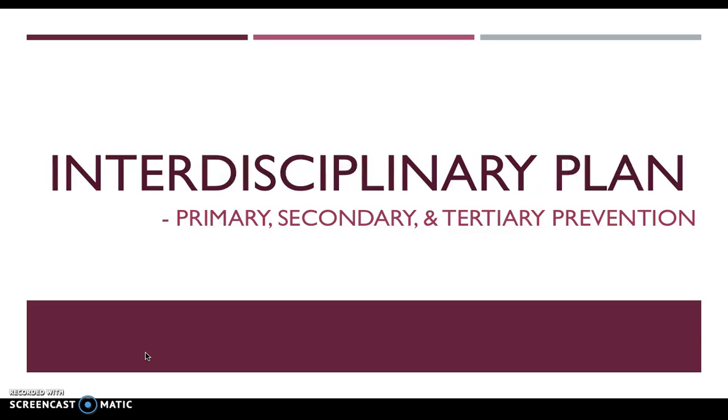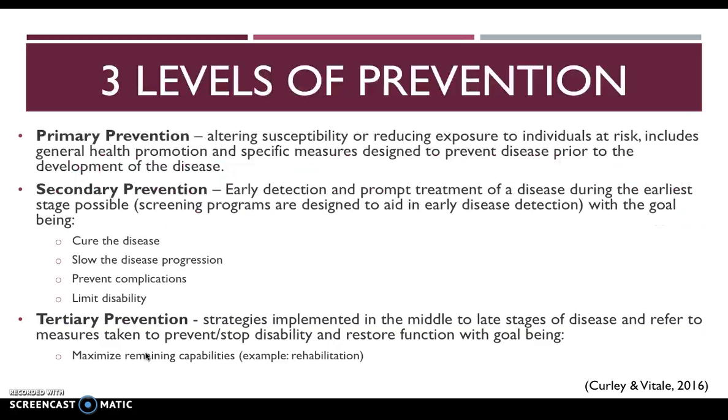Let's discuss obesity prevention. So we know that there are 3 levels of prevention: primary prevention, secondary prevention, and tertiary. The primary portion is all about prevention, trying to stop a disease before its development.